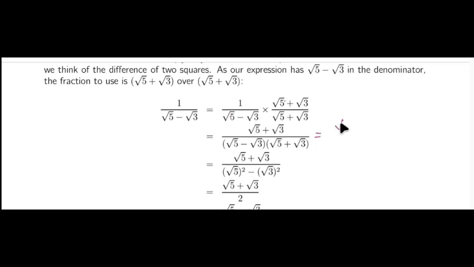Now the steps still remain the same. Here you're going to have root 5 plus root 3 upon, then what are you going to get here? You have root 5 all squared, minus root 5 multiplied by root 3 plus root 5 multiplied by root 3, then you now have minus square root of 3 all squared, which will just give you 3.